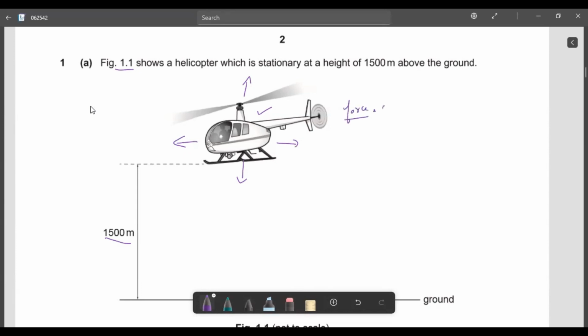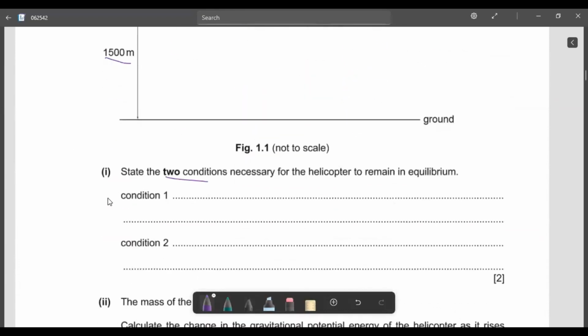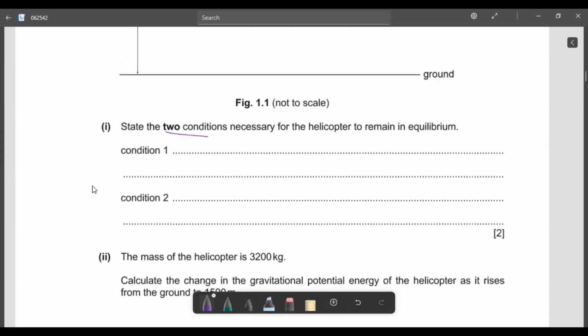So we can write the two conditions: no resultant force and no resultant moment.